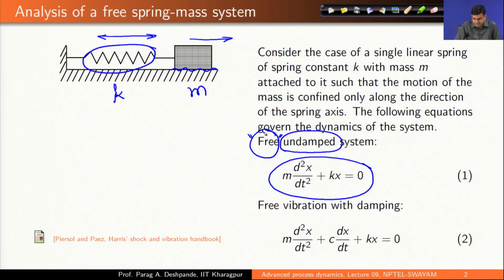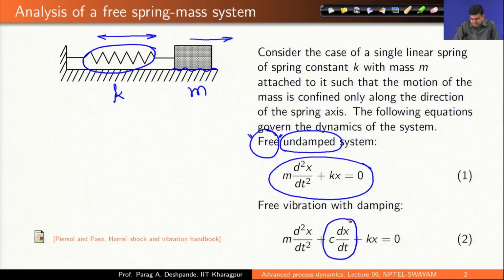I am not supplying the system with any external force except for giving a displacement to the system which takes the system away from equilibrium. So, this is a free undamped system, and as I made a mention for the case of Bourdon tube, you can have viscous damping, you can put additional force on the system to make it damped.